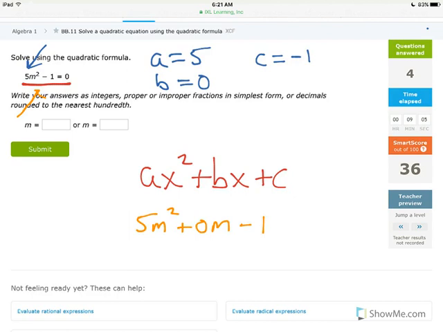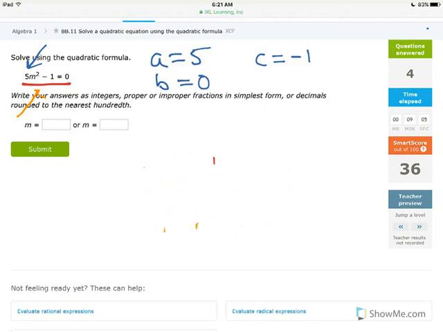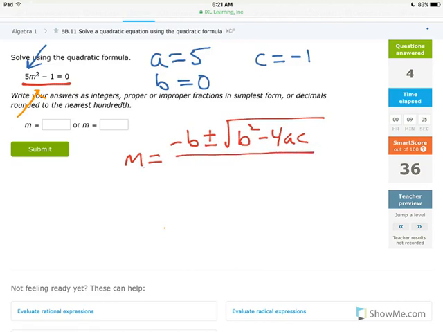And then you would put your a, b, and c values into the quadratic equation. So if you were to set up your quadratic formula, your solutions for m, it's opposite the b value, plus or minus the square root, b squared minus 4ac, all divided by 2 times a, and put in your b value. So what's our b value in this case? It's 0.